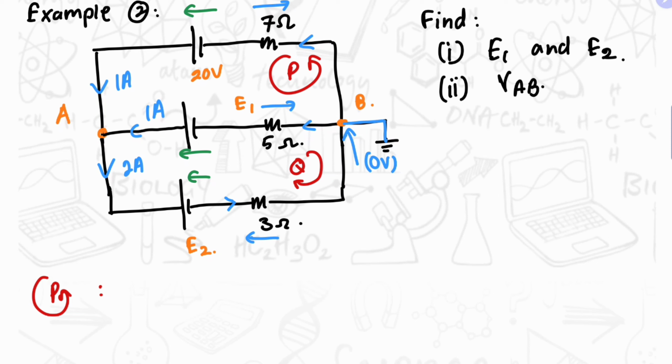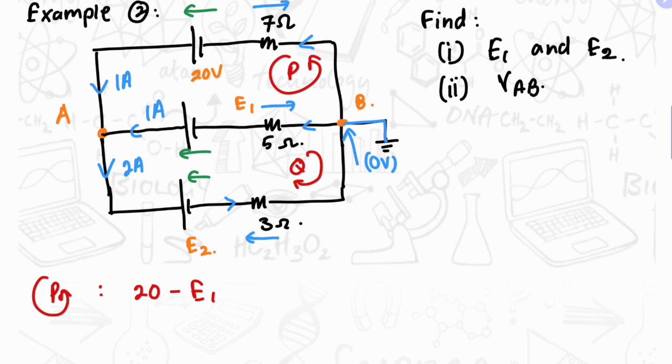Now let's apply the loop law to loop P. Here 20 is positive and E1 is negative. Next we have the resistor.